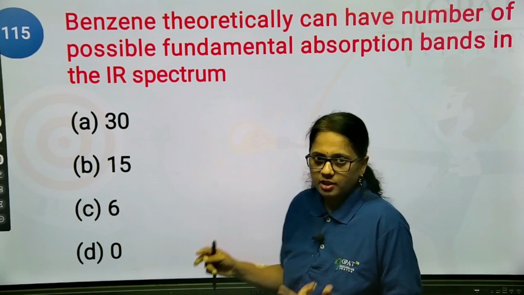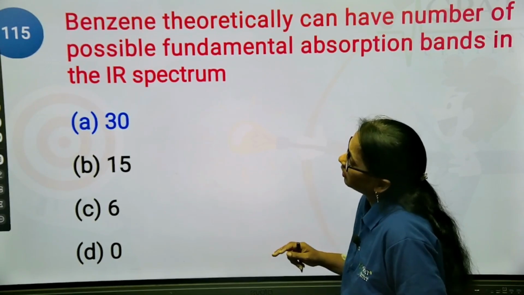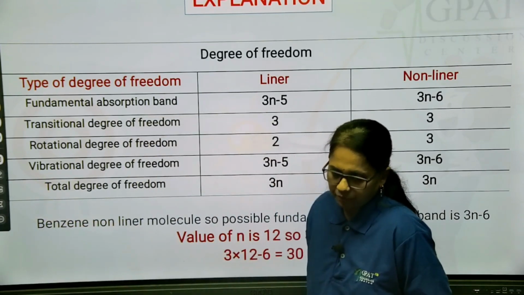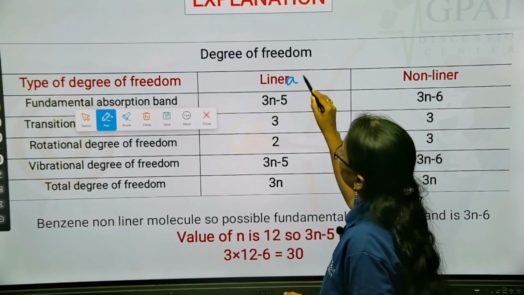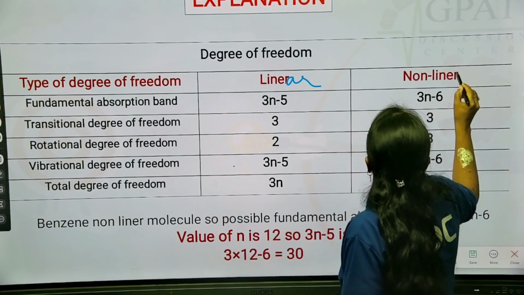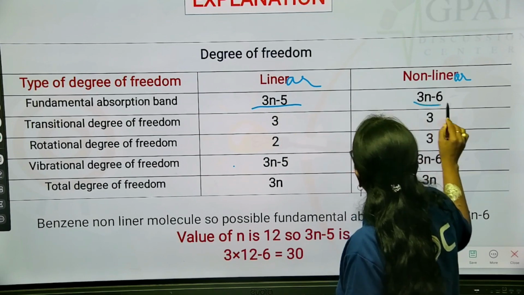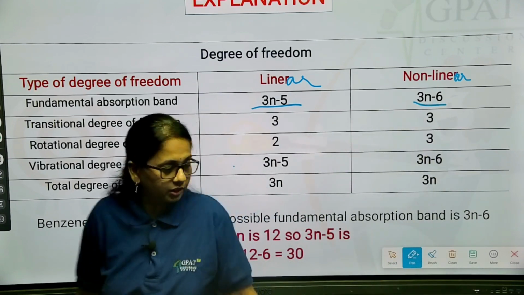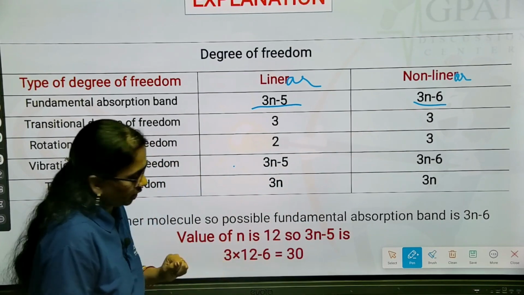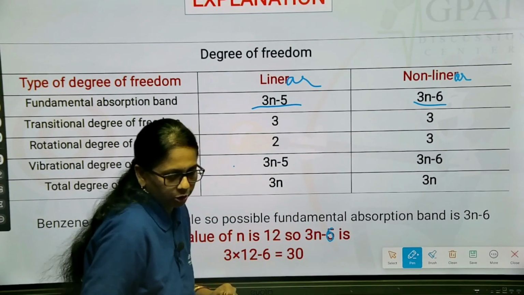We know that C6H6 is the molecular formula of benzene, and in this if you calculate the degrees of freedom, we know that for a linear molecule and a non-linear molecule, the degrees of freedom can be calculated as 3n minus 5 for the linear molecule, and for non-linear 3n minus 6. Okay, and we know that benzene is a non-linear molecule, not a linear one.